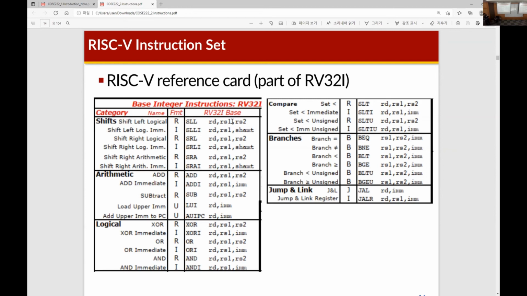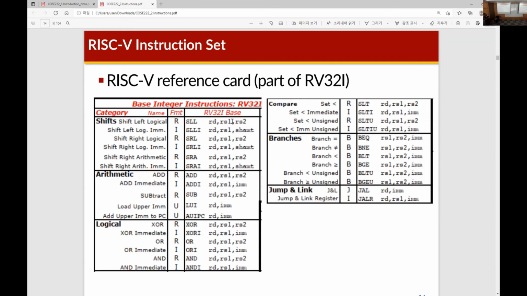RS1 represents source register 1, and RS2 is source register 2. The data in the source registers are read, the two values are added, and the result is stored in RD. If you can read this reference card, you can find the formats and the definition of each instruction.